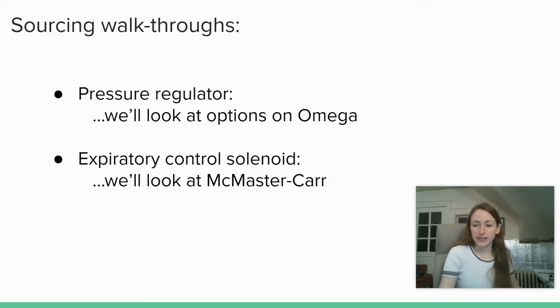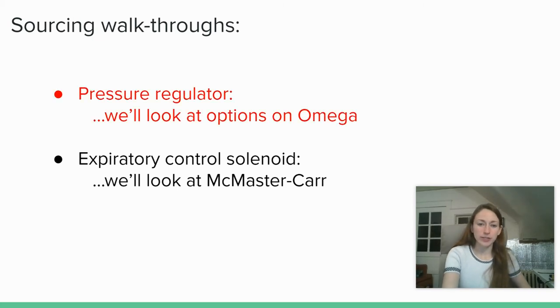So rather than give you a list of specifications that you need to be mindful of, I wanted to do a quick sourcing walkthrough on the websites of two of these companies that I've mentioned. Those are Omega and McMaster-Carr. We're going to source from two different parts of our block diagram.